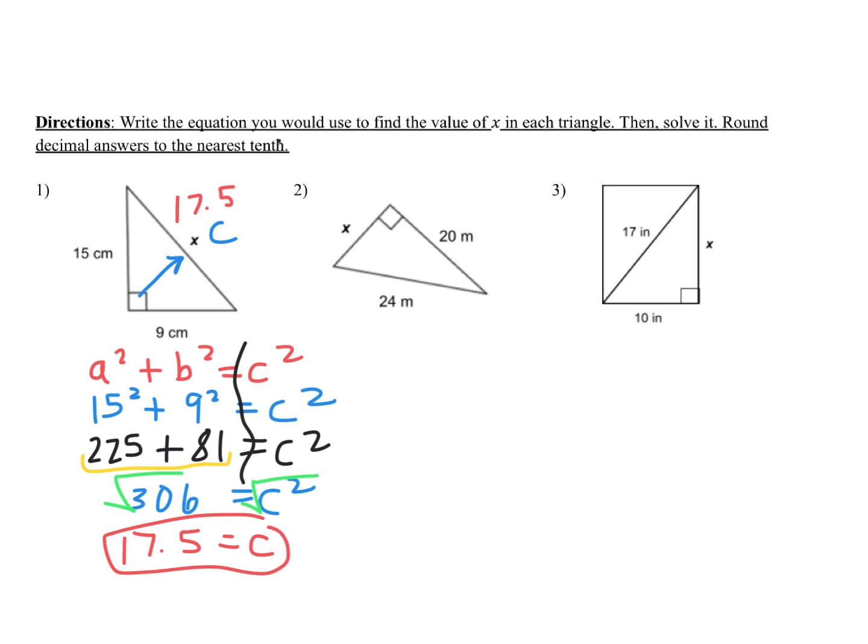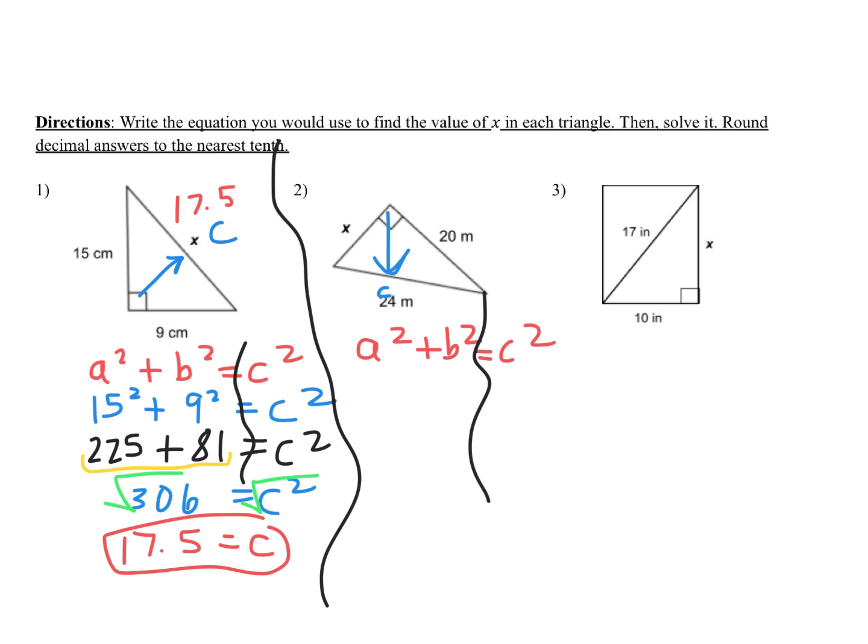For number 2, we're going to begin the same way. Write the formula, A squared plus B squared equals C squared. Now look at your picture to find out what we're looking for. Across from the right angle is the C. So where the letter C is, we're going to put in 24.